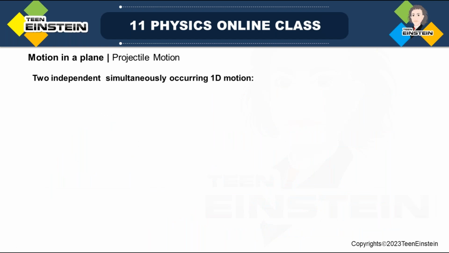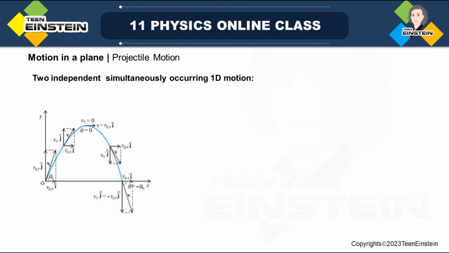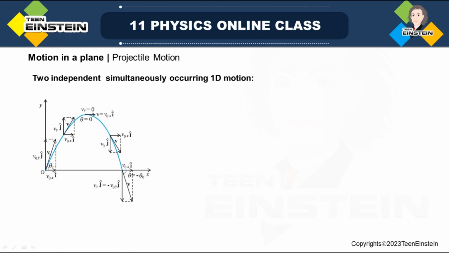Now we have already discussed two independent and simultaneously occurring one-dimensional motions in projectile motion. So now we'll see one by one what the two different independent components of one-dimensional motion are. So first is horizontal motion.